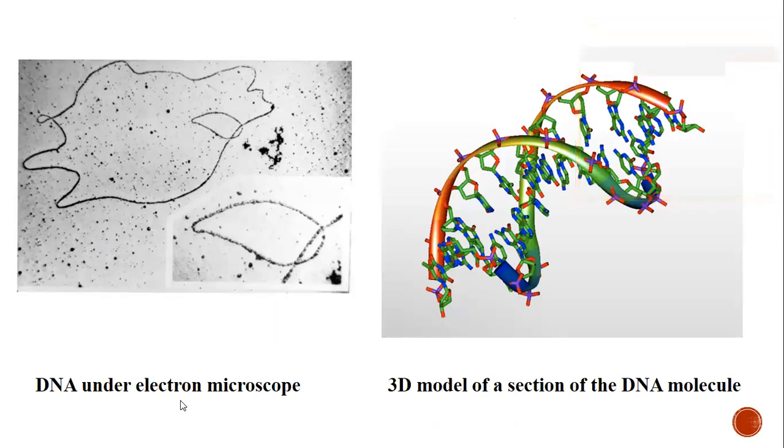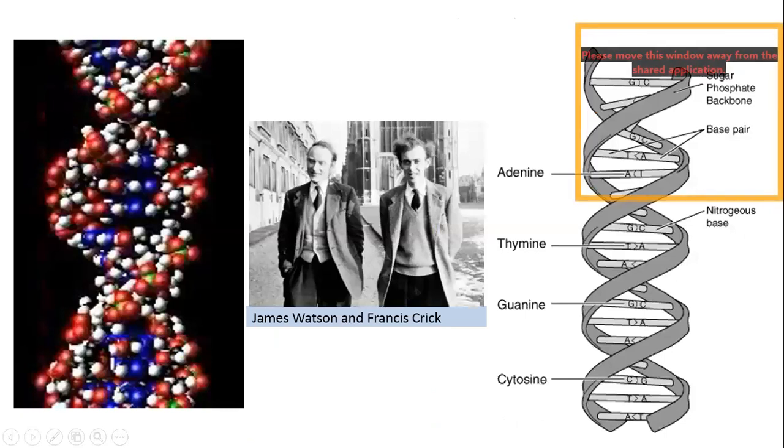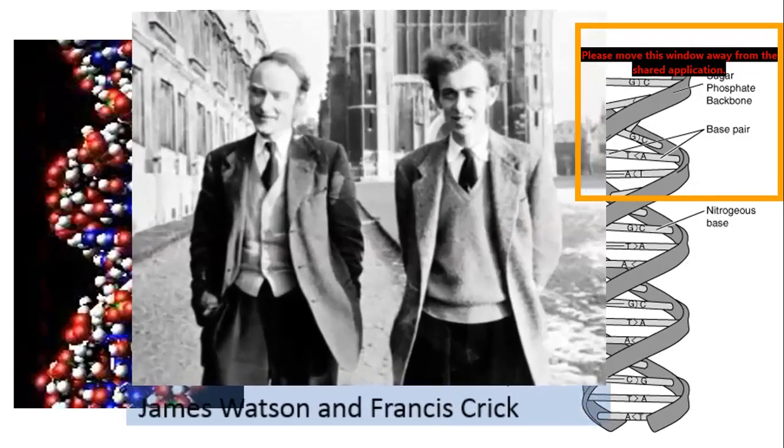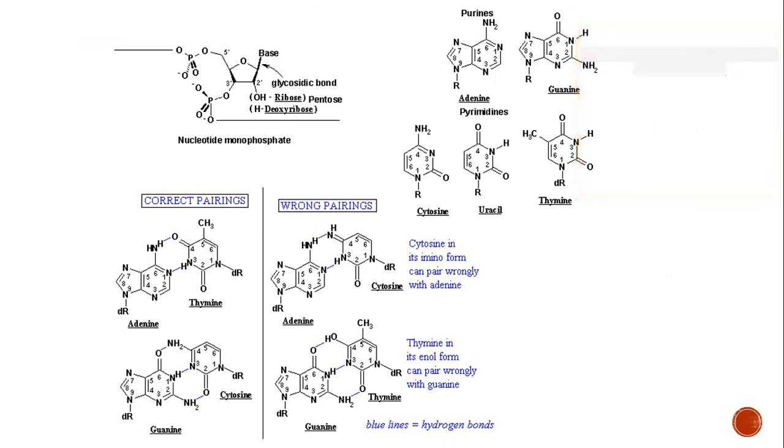Here we have a diagram of DNA under the electron microscope, and the three-dimensional structure of DNA with the help of bioinformatics. Watson and Crick, in 1953, gave the three-dimensional structure of DNA, and what the DNA actually has: purines, pyrimidines, which has the double ring and which has the single ring, how this works, where we have the pentose sugar, where we have the ribose sugar.